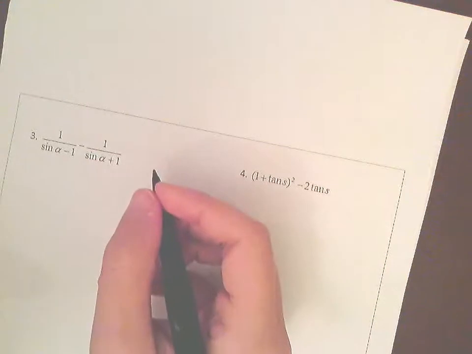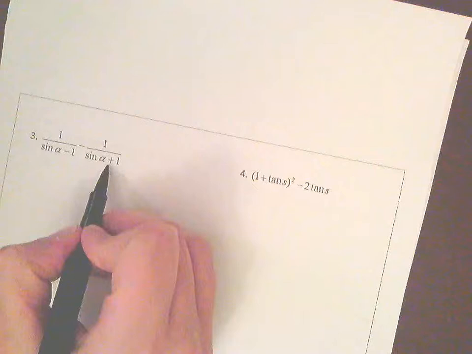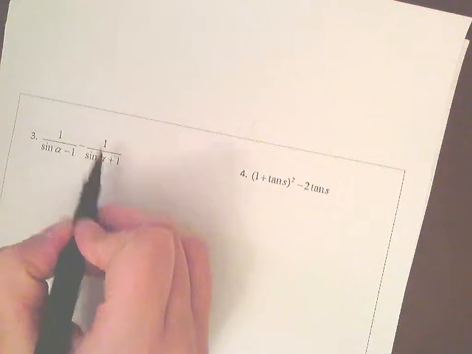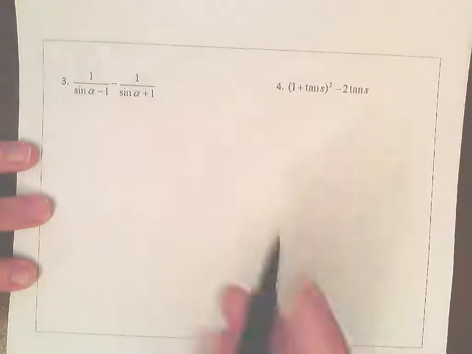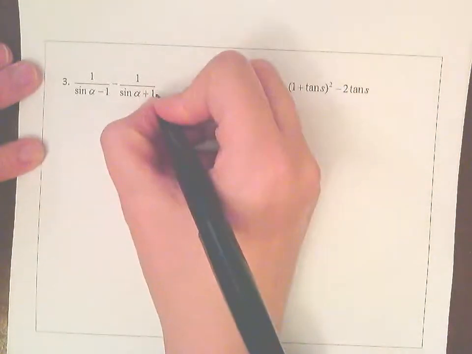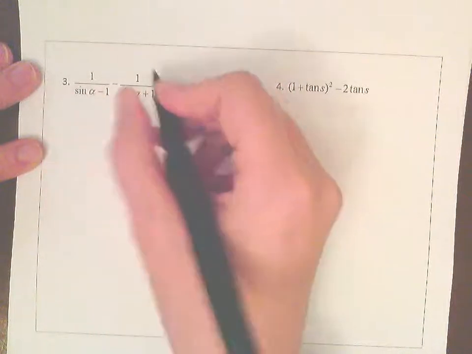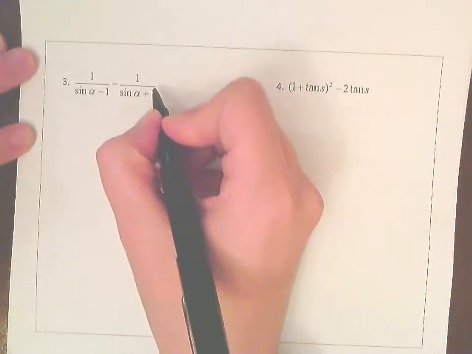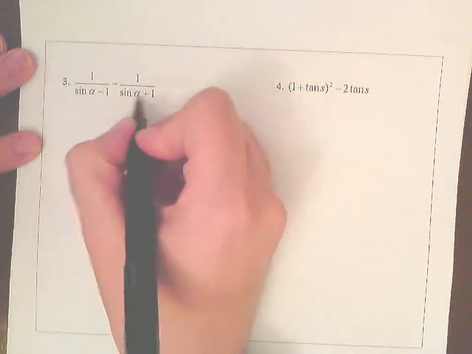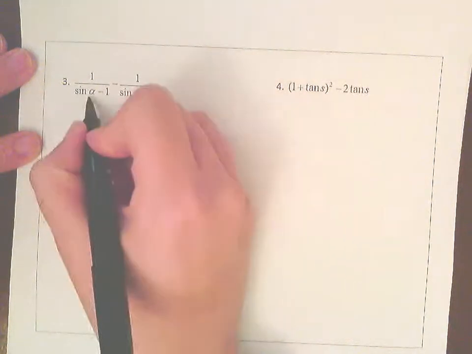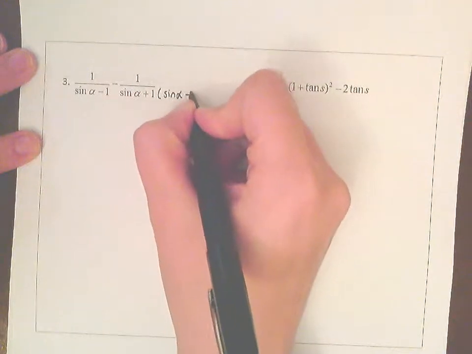So basically, what you want to do at this point is you want to get a common denominator so that you are able to combine these into one, because we are trying to simplify, correct? So to get a common denominator, I need to make the denominators the same. So if I look at this, I basically ask myself, okay, what does this denominator need that this guy has? And it's sine of alpha minus 1.